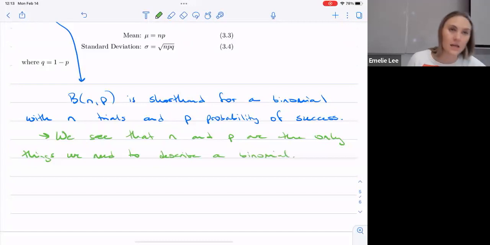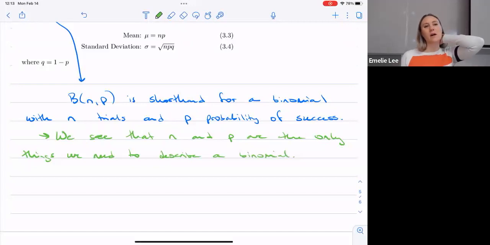Right? How it behaves. And then we can specify the probability of k successes, right? But in order to know what that binomial behaves like, we only need to know n and p.